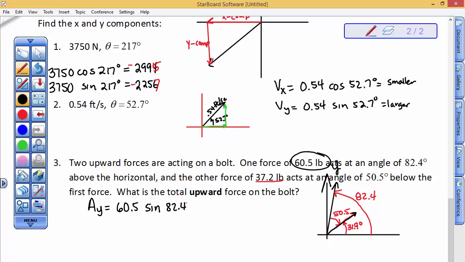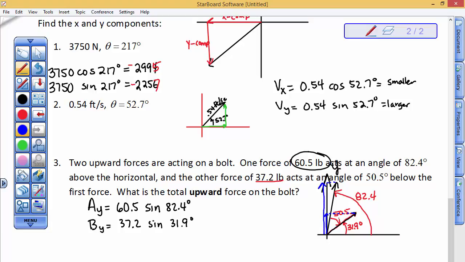The other vector's magnitude is 37.2 pounds, and its angle is 31.9 degrees. Those two pieces make up the upward force. For this vector right here, that's the upward force, and for this vector right here, that's the upward force. Let's go find out what these are.